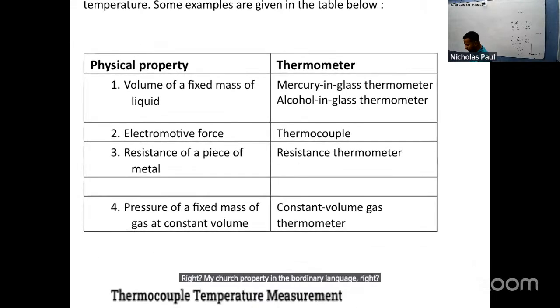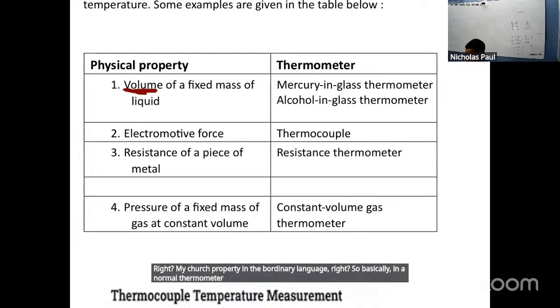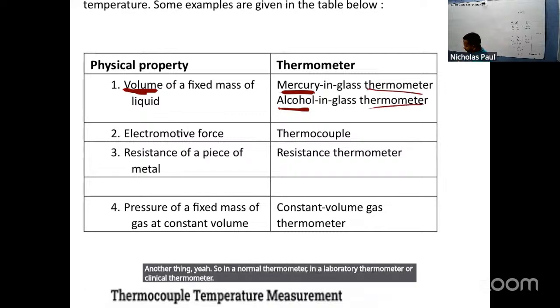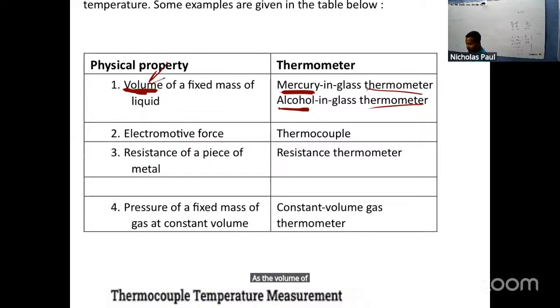So basically, in a normal thermometer, in a mercury thermometer or alcohol thermometer, as I was saying, in a laboratory thermometer or clinical thermometer, it's the volume of the liquid that changes.